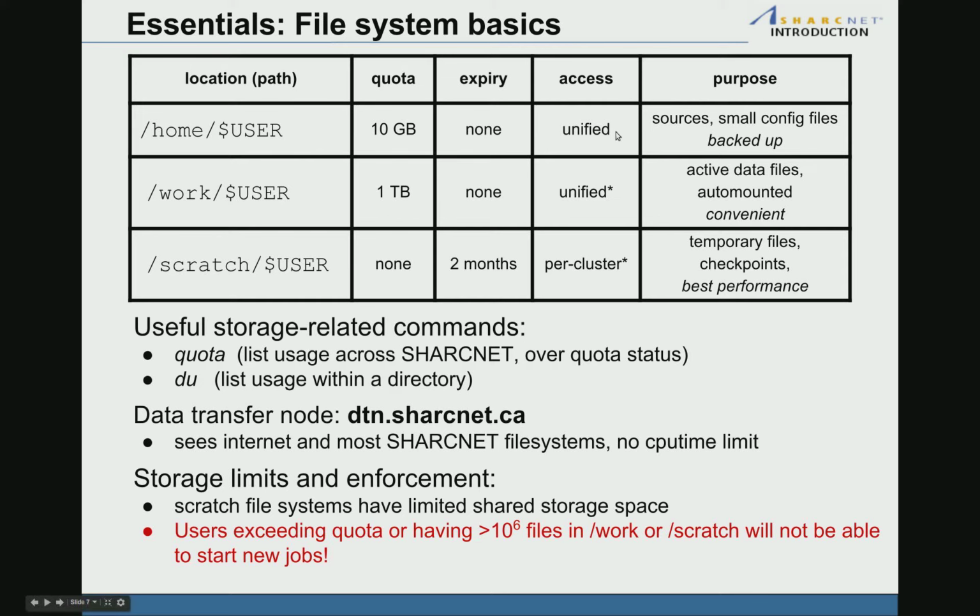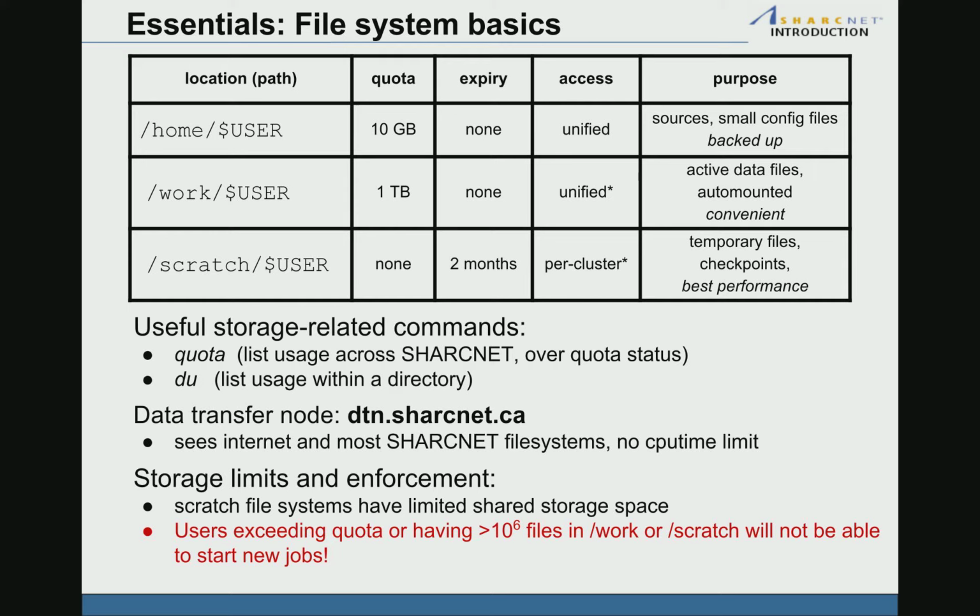The access refers to where you can see the specific files from that specific file system. A unified access means that regardless of what system you log into, if you go to this file system, you'll see the same files.